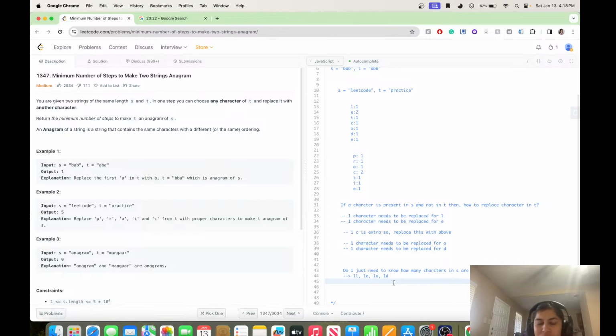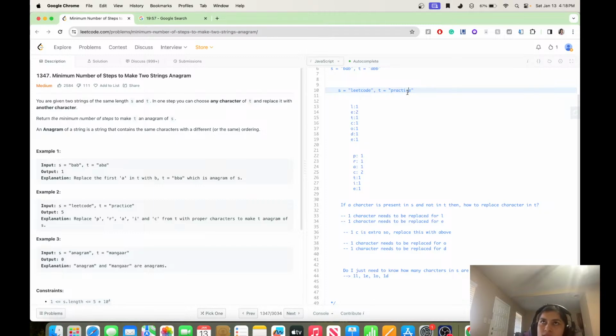So okay, wait a minute and just simplify this, okay? Because it should not be this complex. So what I'm thinking is, okay, I know that these are the letters that are not present in T. So I need to replace, obviously, because the length is same, right?